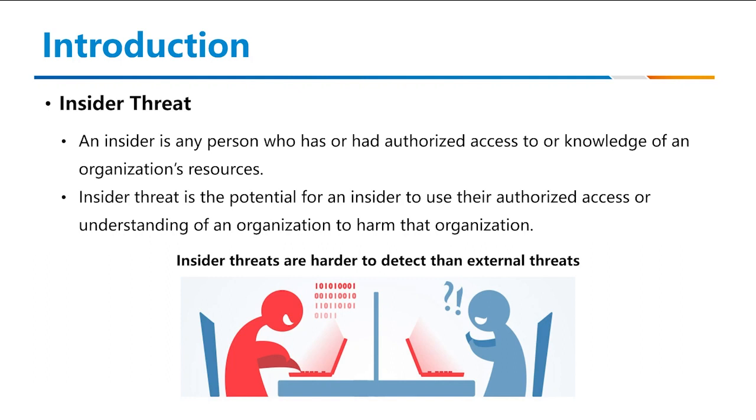Due to the fact that insiders are usually authorized to access the internal information systems and are knowledgeable about the organization's structure and security procedures, insider threats are harder to detect than external threats.